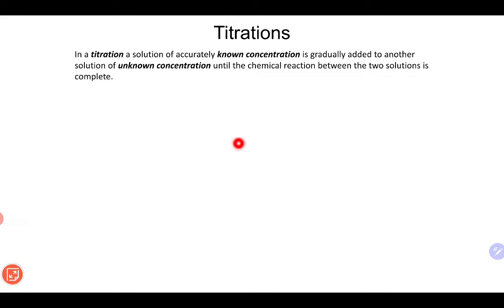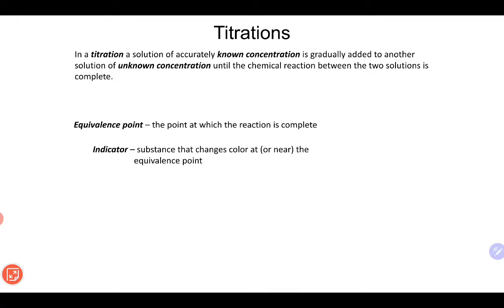So we start out with a solution of known concentration, and we gradually add it to a solution of unknown concentration. As I said, you may be familiar with having done this in high school chemistry if you did something called an acid-base titration. So the equivalence point is the point where the reaction is complete, and we usually have to have some way of measuring that.